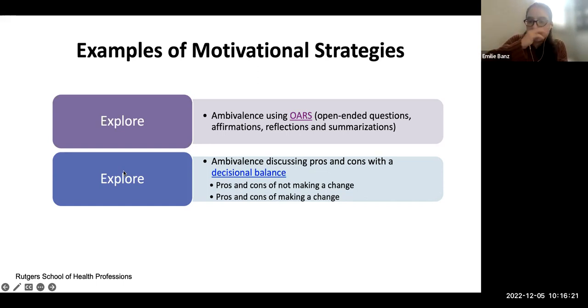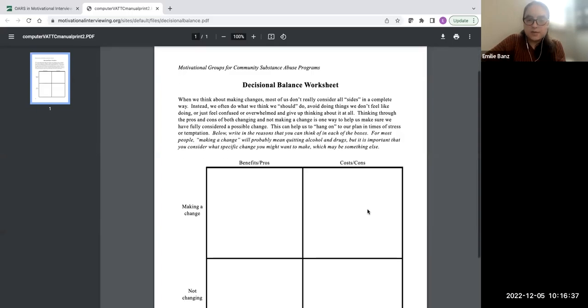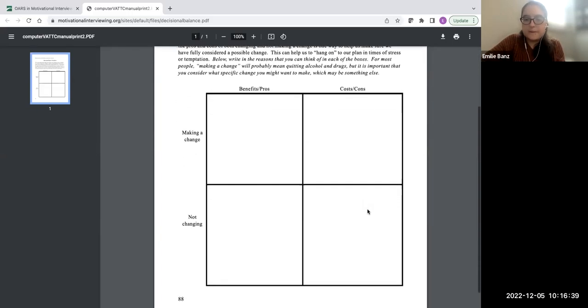Okay, so I'm going to show you this form, because when you're using a decisional balance, you're doing something a little bit more than just talking about the pros and cons. Because when you're talking about the pros and cons, you're normally talking about the pros of doing something and the cons of doing something.